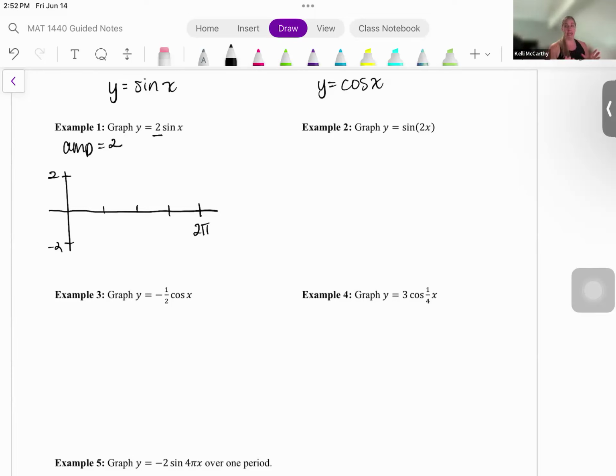Now with sine, when we start at our period, the way we start the graph is at the midline, then it goes up, then it comes back down to the midline, down, back to the midline. So we start at the midline, we're going to go up to the maximum, back to the midline, down to the minimum, back to the midline.